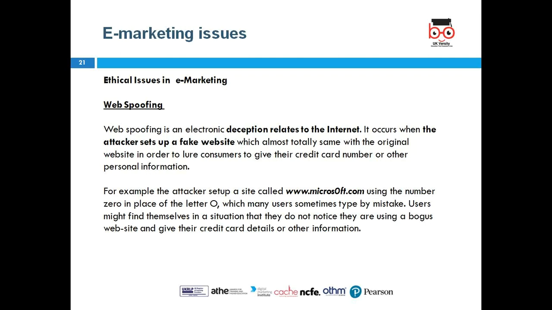Web spoofing is, for example, if you are Microsoft, then you could have a problem when somebody tries to create a website, let's say, using a zero instead of the letter O in their domain.